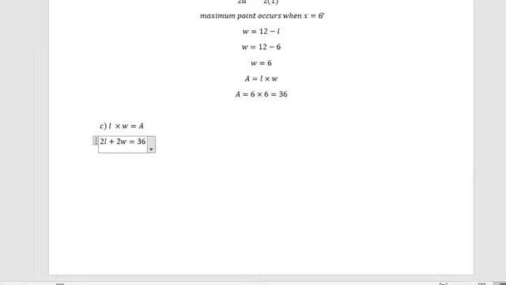So first, we're going to get W being the same for both equations. I'm going to divide my equation 2 by 2, and I'll get length plus width is equal to 18, and that will be my equation 3.